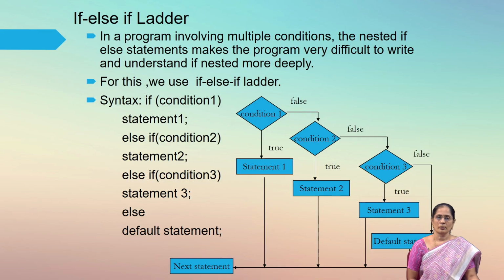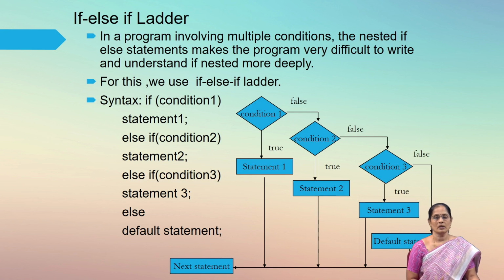Okay. In a program involving multiple conditions, the nested if else statement makes the program very difficult to write and to understand, because with more branches and more conditions, it becomes difficult for us.